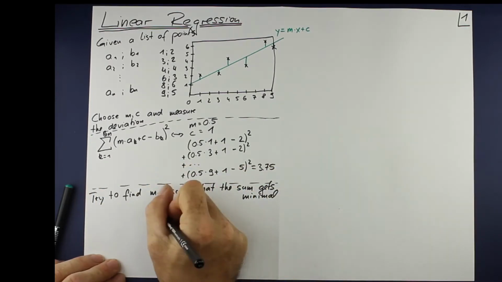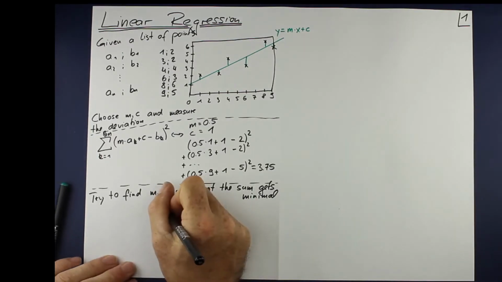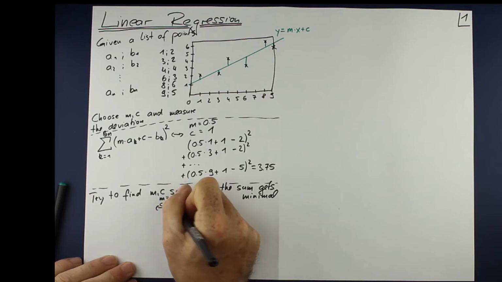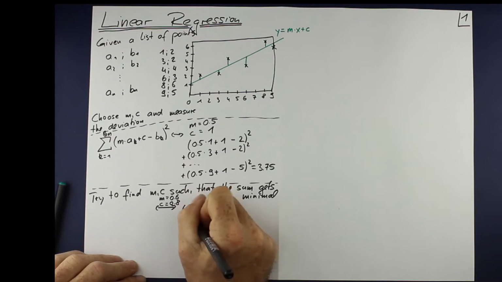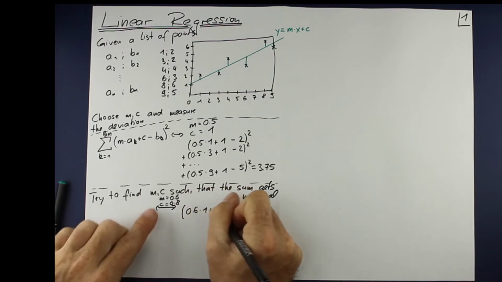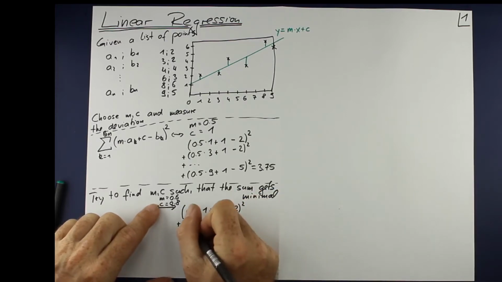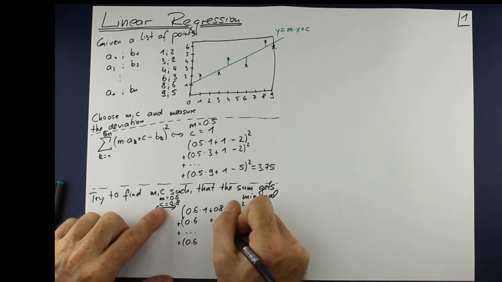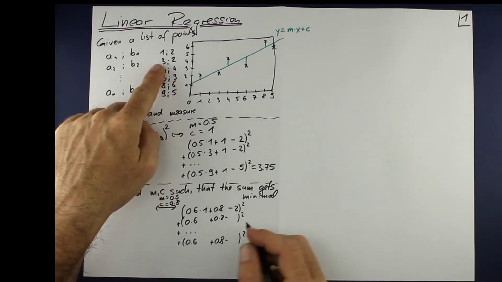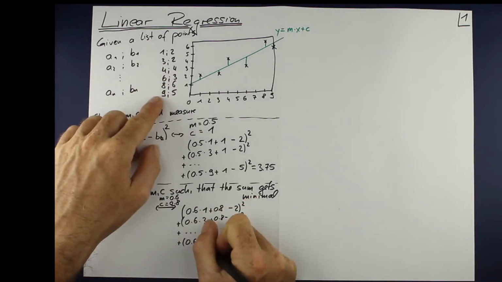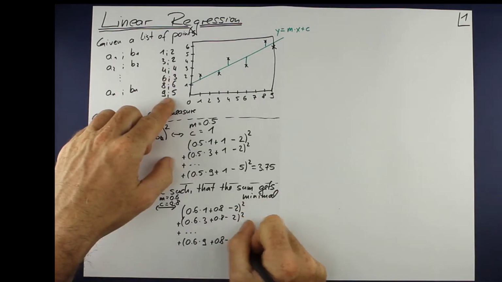So what can we try? Let's try slope 0.6 and let's test c to be maybe 0.8. Then we measure the deviation by 0.6 times 1 plus 0.8 minus 2 squared plus 0.6 plus 0.8 here, and then our points, so 3 and 9, and 2 and 5.